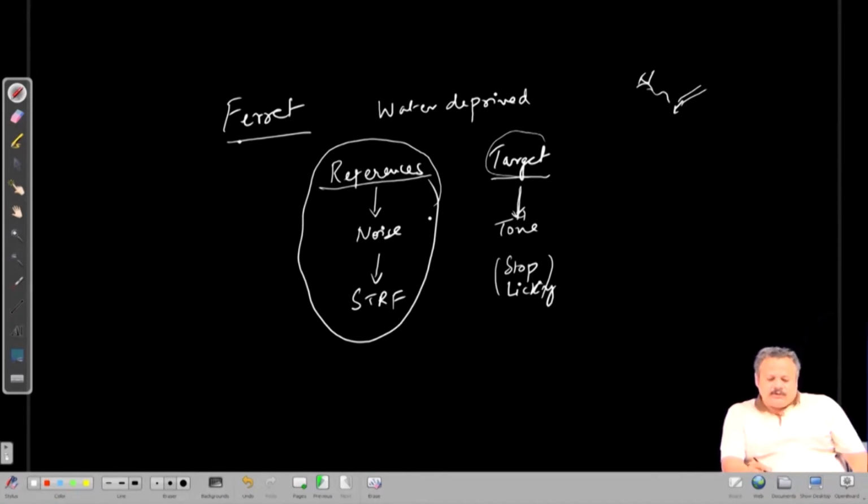During that time also there are recordings being done from single units in the auditory cortex, and again they can measure the spectrotemporal receptive fields based on the spike trains produced by the reference noises.